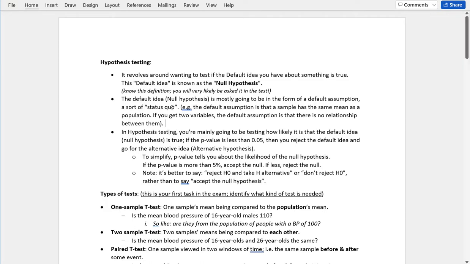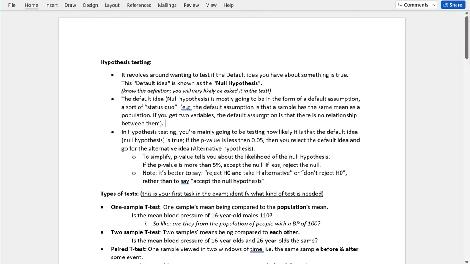So the forms of null hypothesis can be in different, various forms. One example is what we just said, that a sample has the same mean as a population, so the sample that you took is of males of Czech Republic, with a mean of 110, and your assumption is that this sample belongs to a population which indeed has a mean of 110.